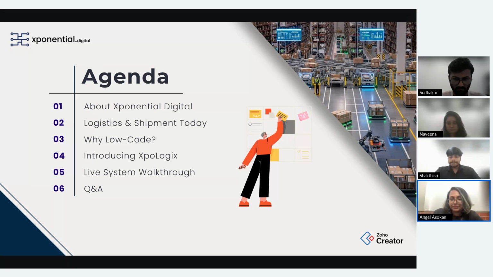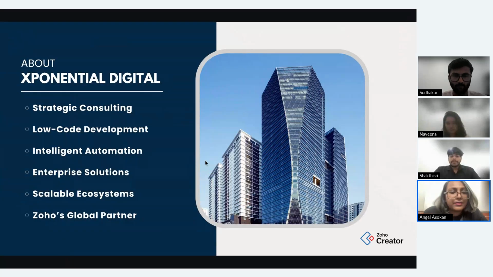I'm pleased to introduce our partner, Exponential Digital. They have been with us for about 3+ years now. They are a digital transformation company that helps organizations around the globe modernize their operations through strategic consulting, low-code development, and intelligent automation.